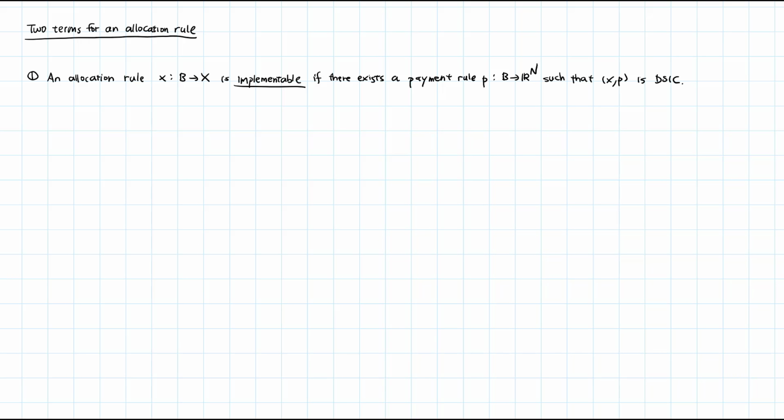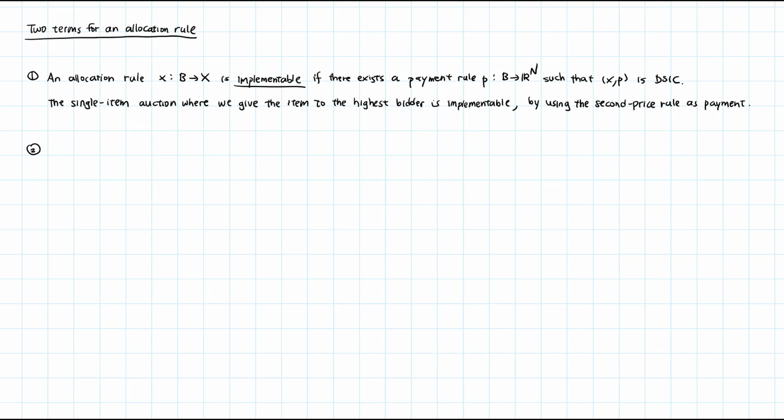If it is, then we can implement this allocation rule. For example, in the single item auction, the allocation rule where we give the item to the highest bidder is implementable. We can implement this allocation rule by using the second price rule as payment.